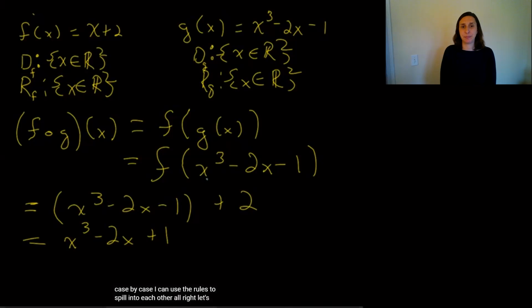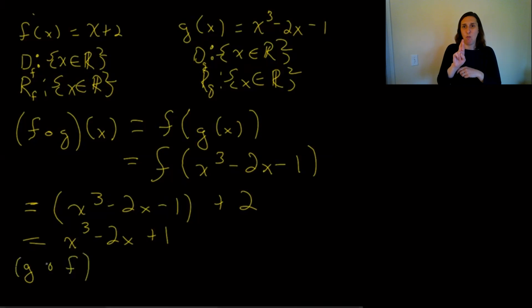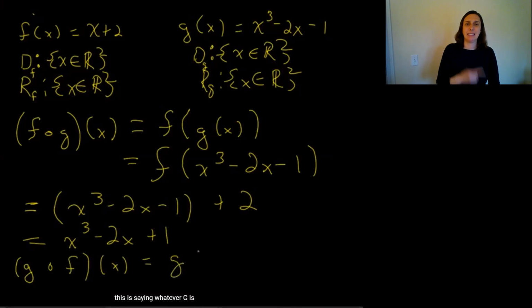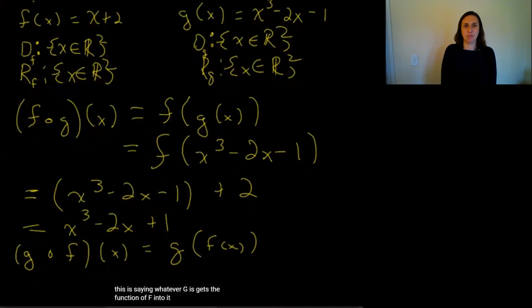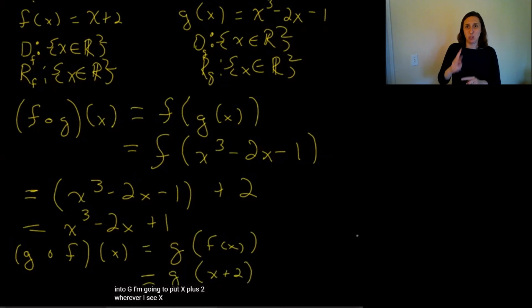All right, let's do it in the ugly form. This is saying whatever g is gets the function of f into it. And so this says into g, I'm going to put x plus 2 wherever I see x.